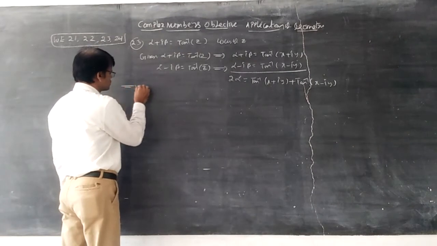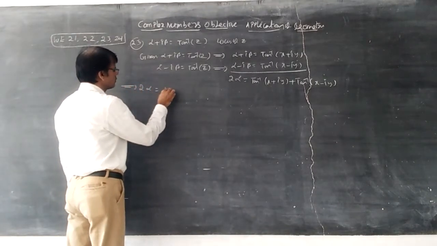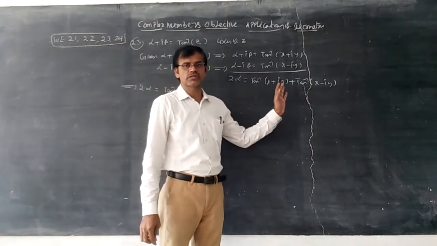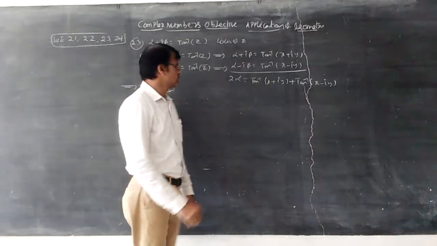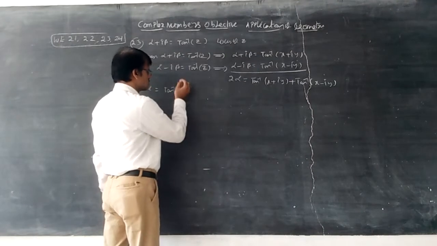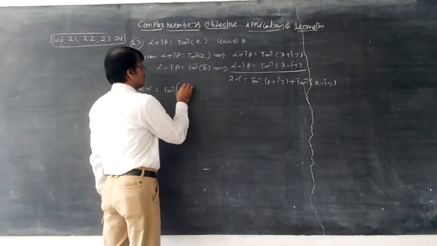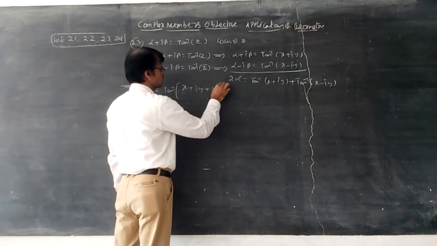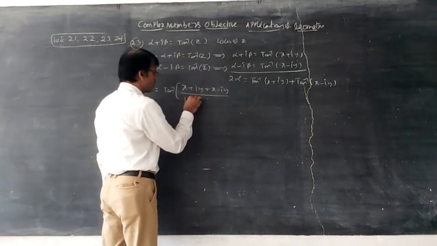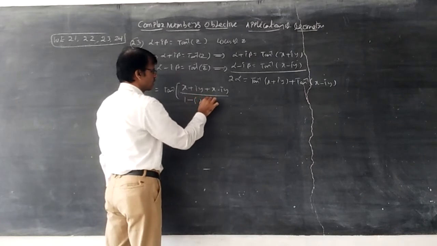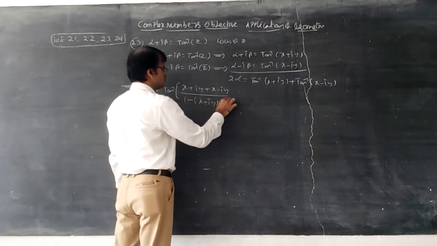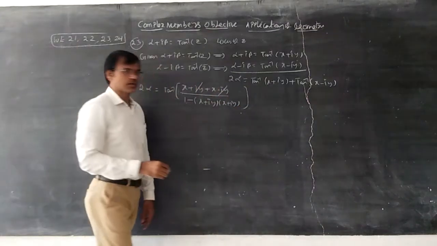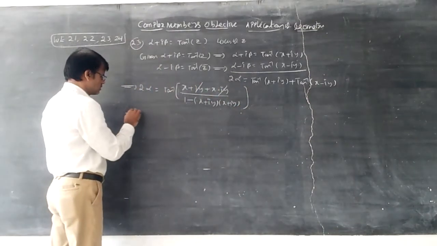That implies 2 alpha is equal to, use the formula tan inverse x plus tan inverse y is equal to tan inverse of (x plus y) by (1 minus xy). So tan inverse of (x plus i plus x minus i) whole by 1 minus (x plus i)(x minus i). Here i gets cancelled.